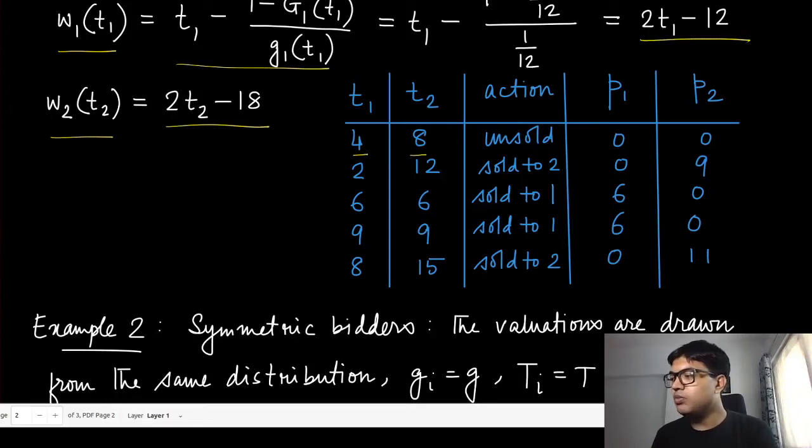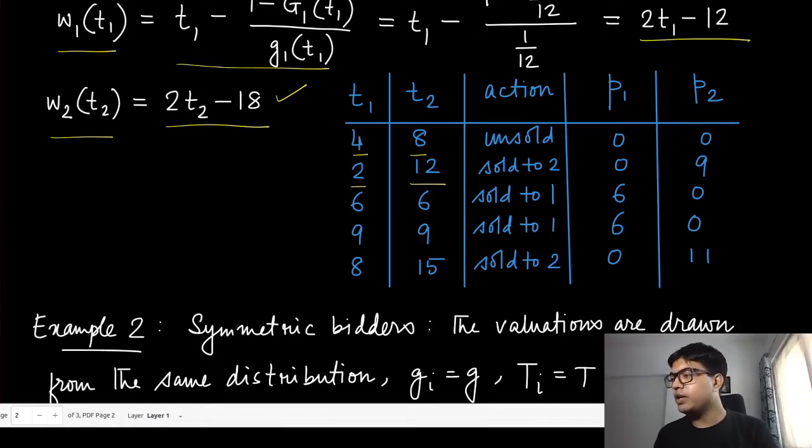Now, consider the case when t1 is 2 and for player 2 it is 12. Then you can see that for player 2 the threshold is crossed, so its virtual valuation is positive. But for player 1, the virtual valuation is negative. So it is definitely going to be sold to player 2. But how can we say what the payment is?